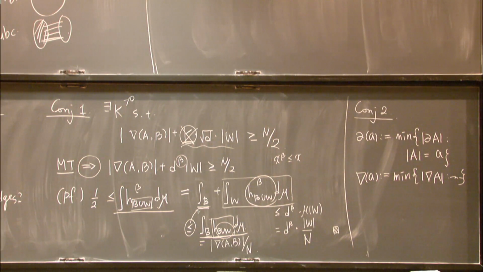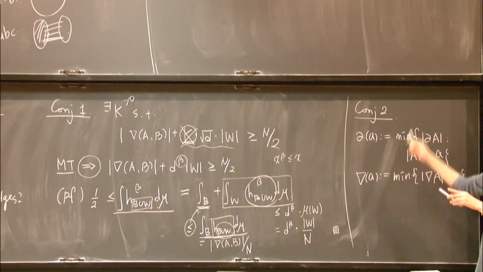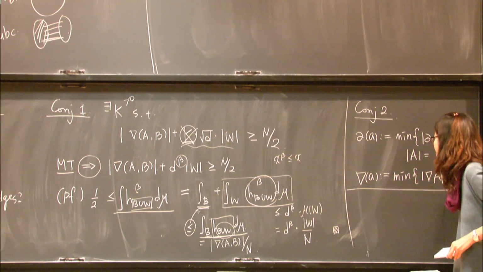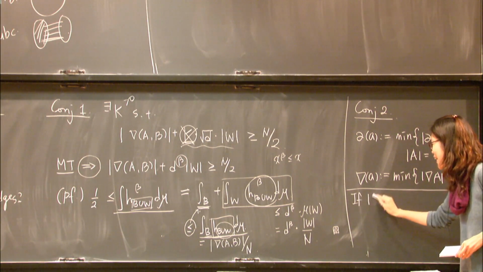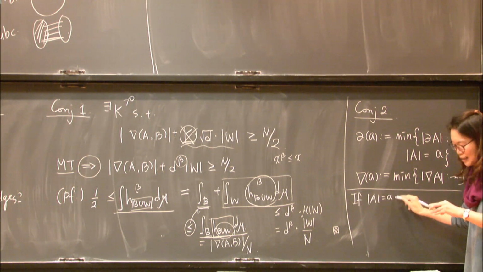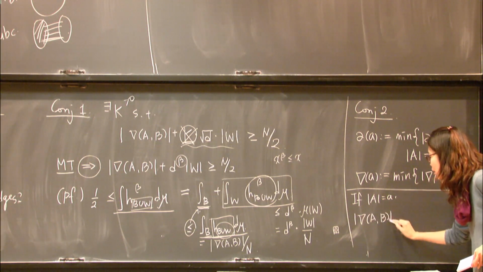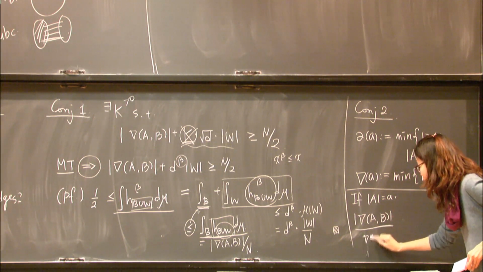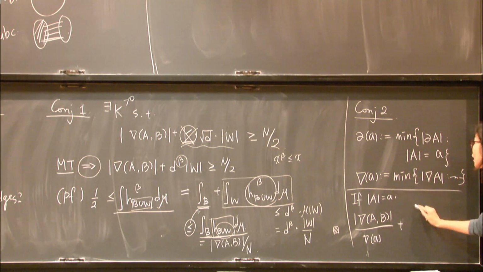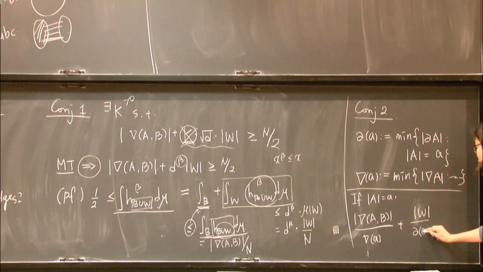Okay, any other questions? Okay, so with those two definitions, our conjecture 2 says this. If the size of A is A, then nabla AB divided by nabla A plus partial size of W divided by partial A is at least 1.